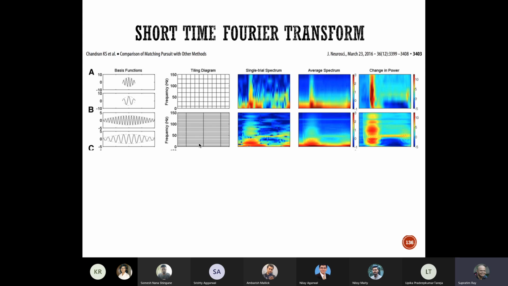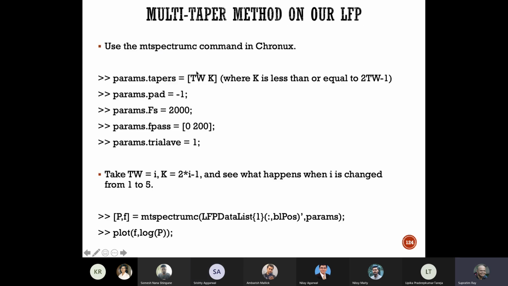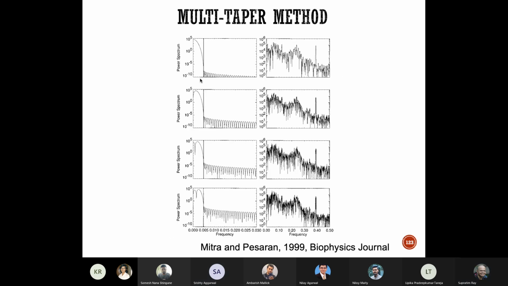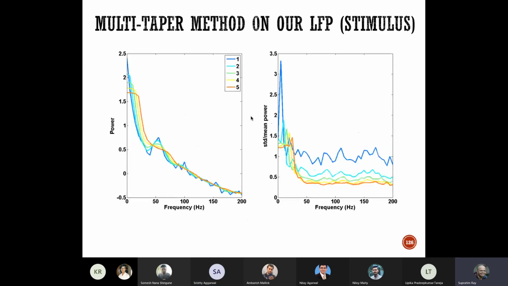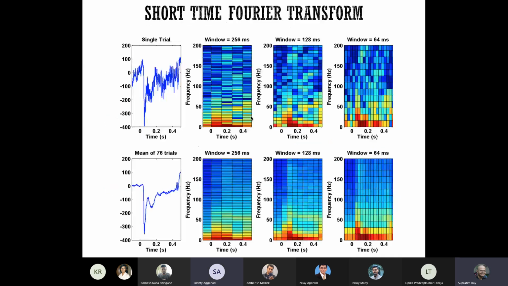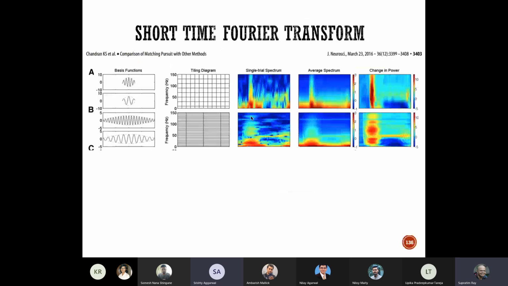Or suppose I say my TW product, let's say this is set to 3. So now the window length is the same. These are the different tapers there. They all have the same length. So how is this tiling diagram changing?